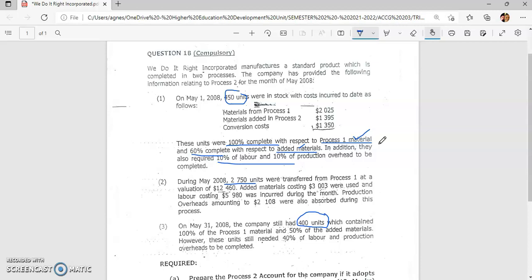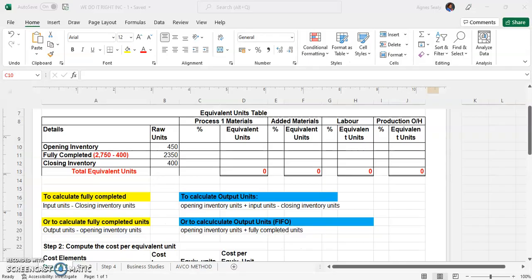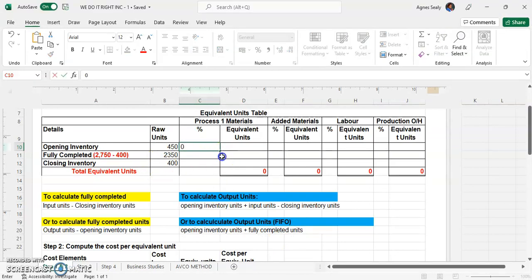So our equivalent units will be 450 units multiplied by 0, which obviously gives us 0 equivalent units for process 1.